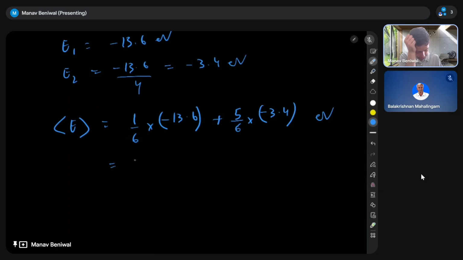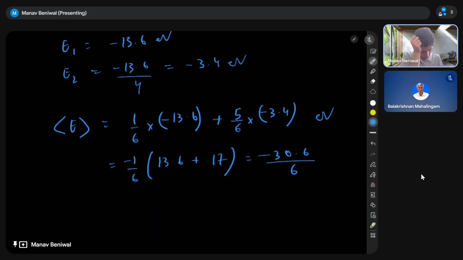So let's take this 1 by 6 outside. Let's take the minus sign also outside. So this will be 13.6 plus 3.4 is 17, right? And if we add them, we'll get 30.6, minus 30.6 divided by 6 eV, which will be roughly 5 eV, slightly more than 5 eV.